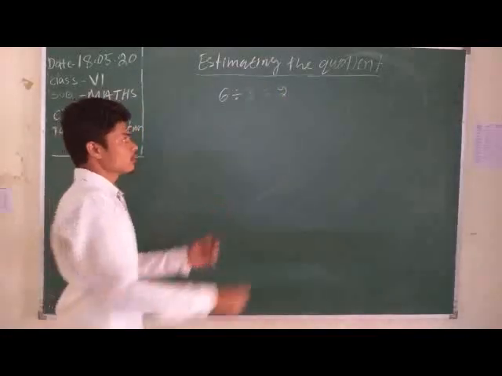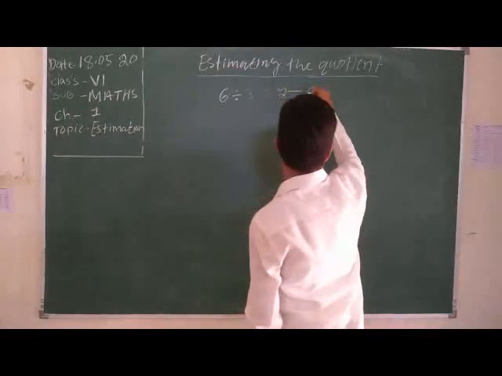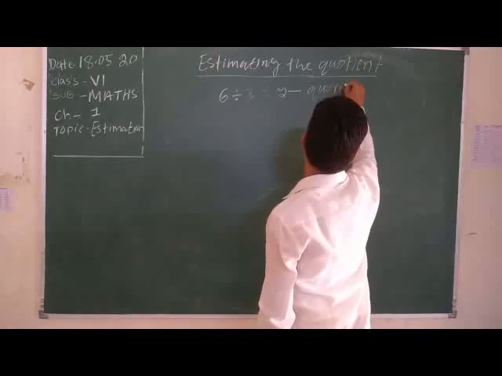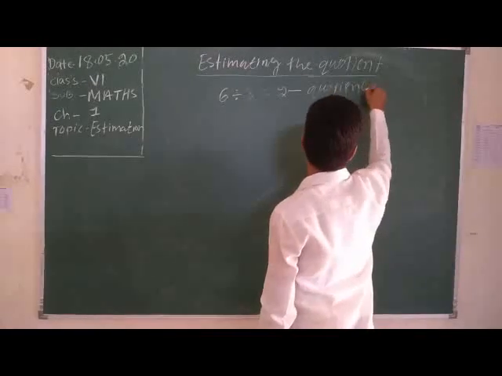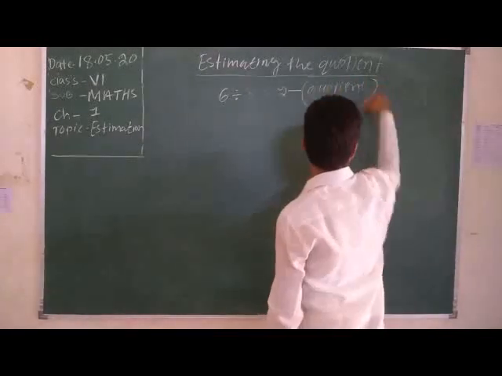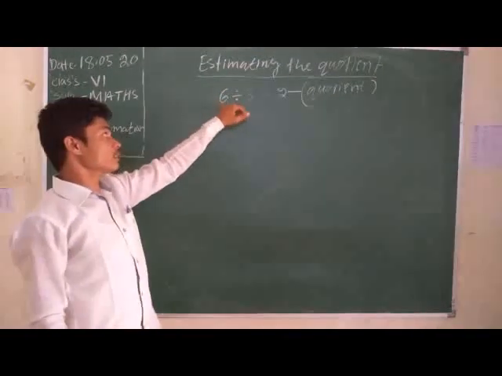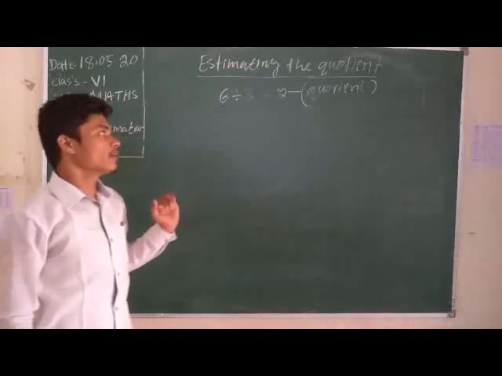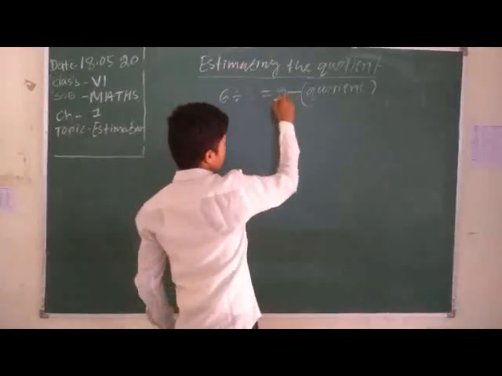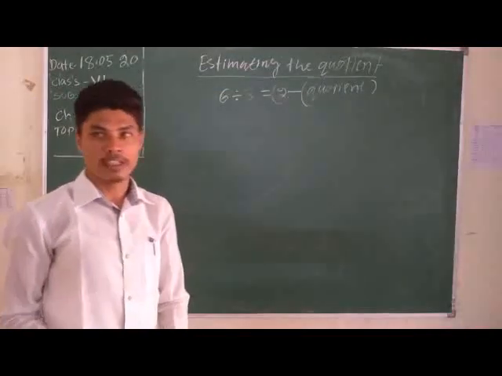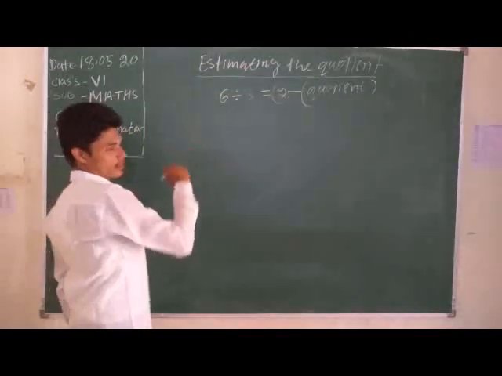Here this 2 is called the quotient. 6 is called the dividend and 3 is the divisor. Then you estimate this. Now we learn the estimated quotient to the nearest 10.